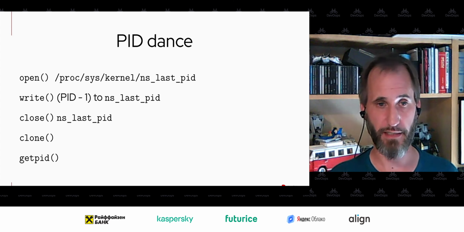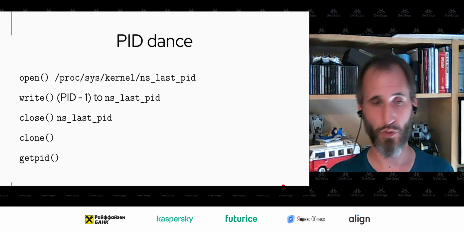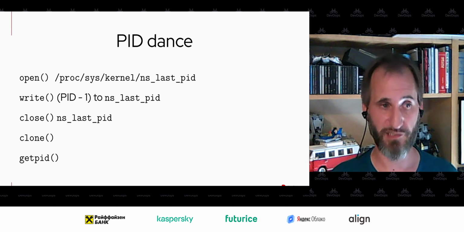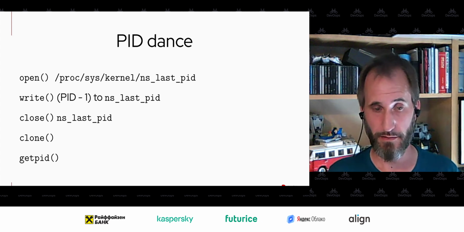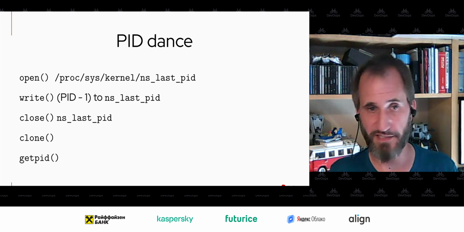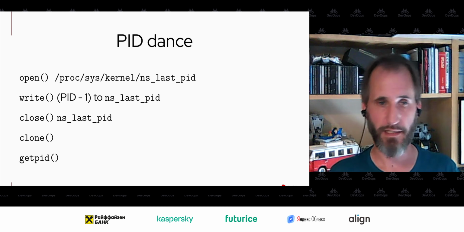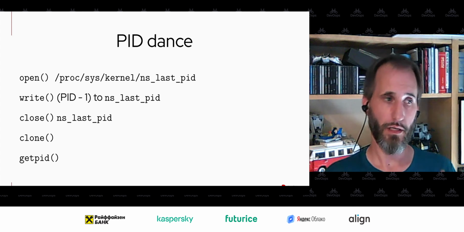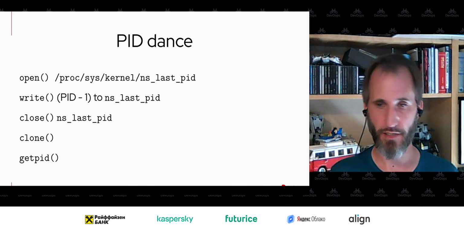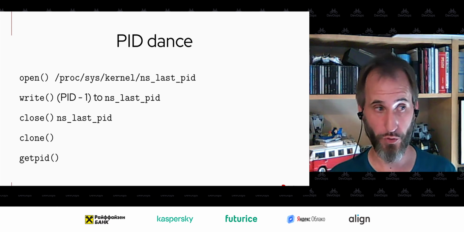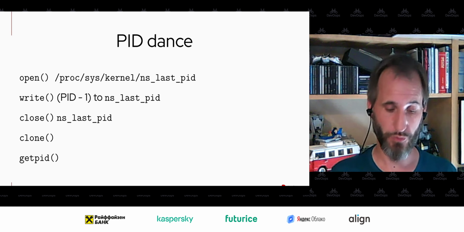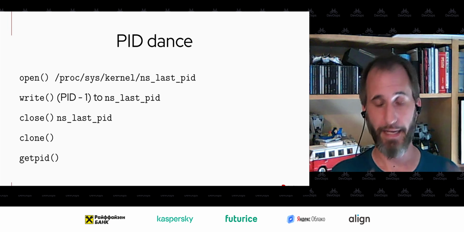The problem here is that this is multiple system calls, so it's probably a bit slower, and it's racy, because between writing to ns_last_pid and doing the clone, the kernel could have created another process, so it will not work, and the new process will have another PID, and we have to abort the restore.